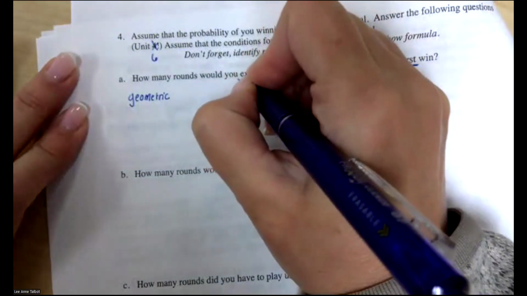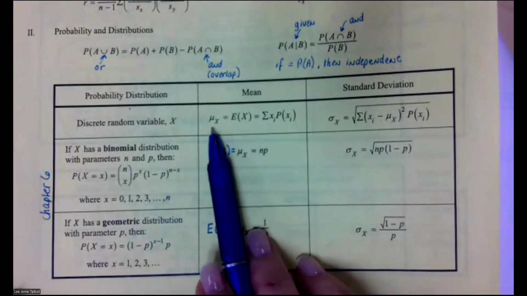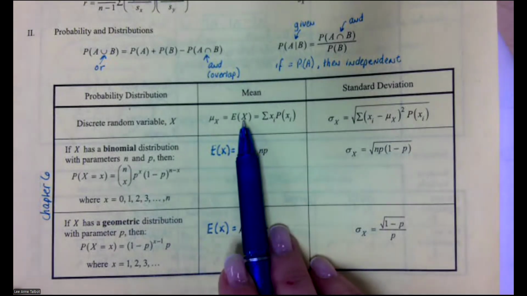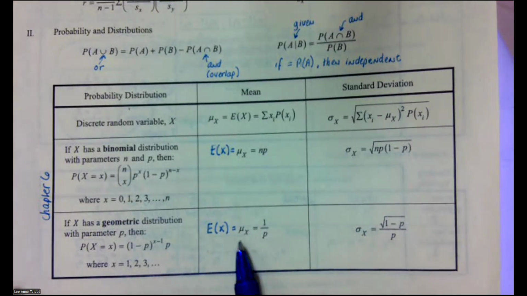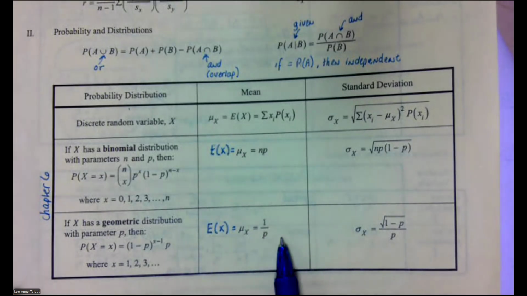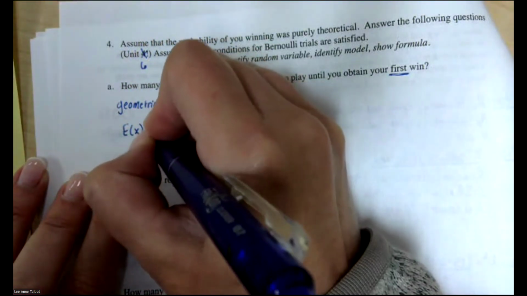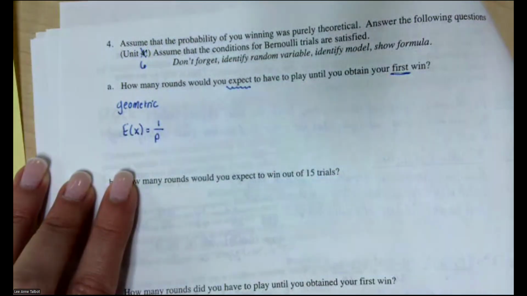Okay, now this word expect is actually on your formula sheet. If you remember, the mean is the expected value. And this is the formula for expected value of a geometric. Expected value is 1 over p. What's the probability of success in this particular problem?